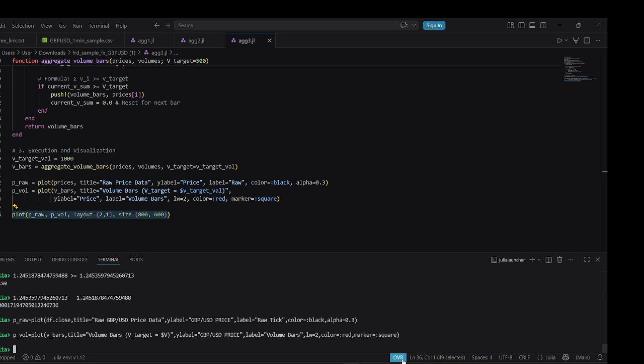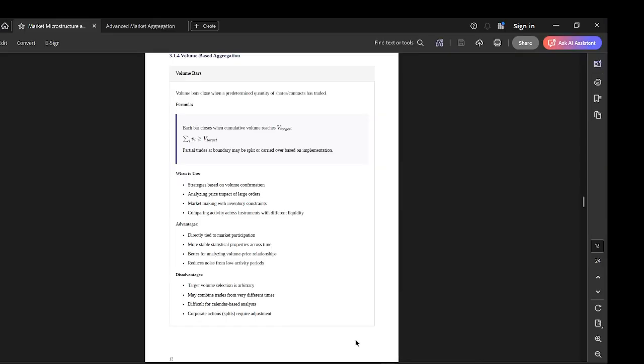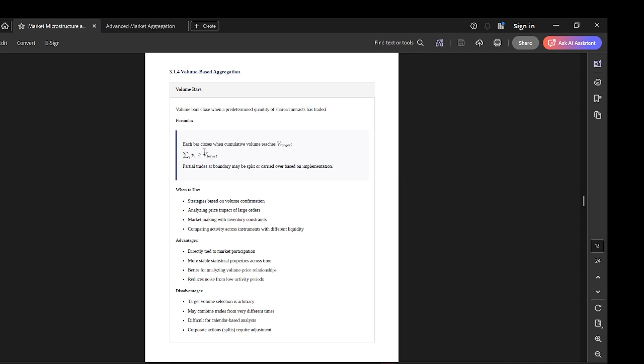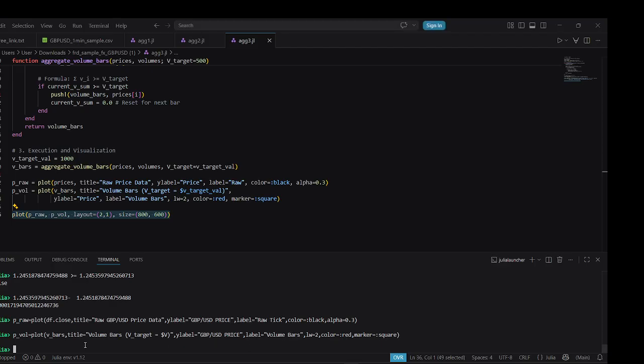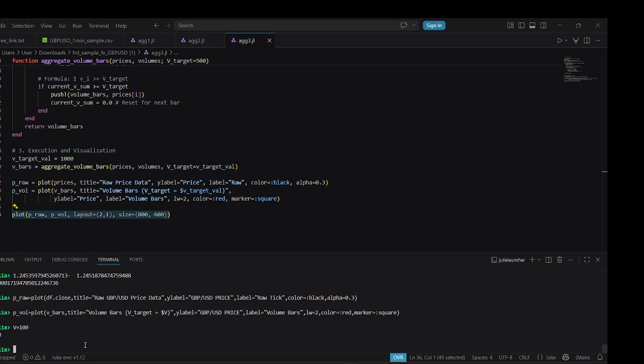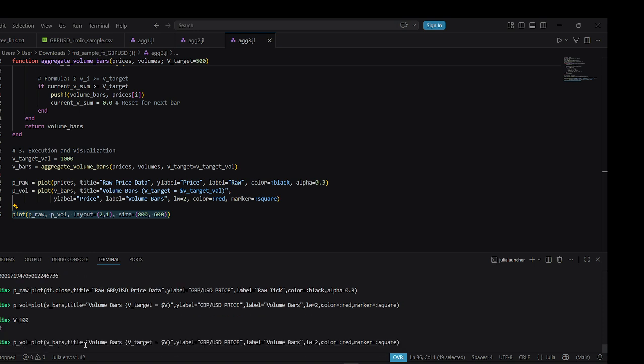Now, remember, when it comes to volume-based aggregation, our independent variable is the volume target. The volume target can be changed accordingly. So right now, I'm going to pick a large volume target just for the sake of it, and then I'm gonna reduce the number. So I'm gonna pick a volume target of 100, right? And I'm gonna run this again.